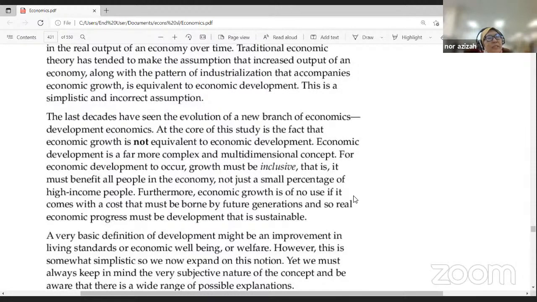Okay, so it lists up so many things. Economic development is a multi-dimensional concept.